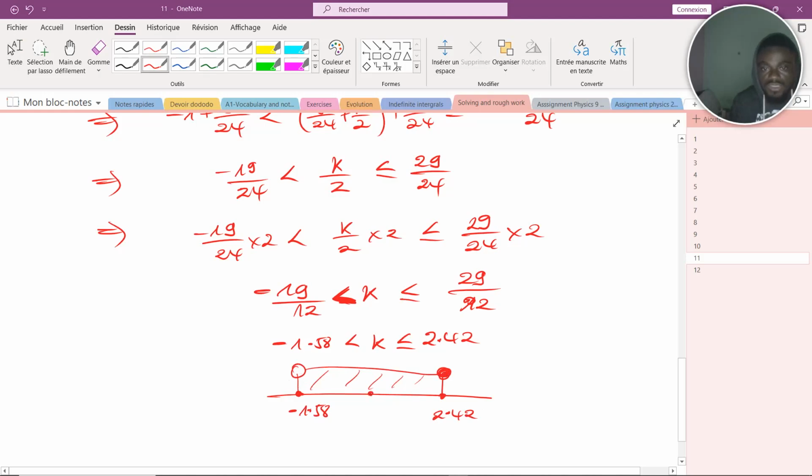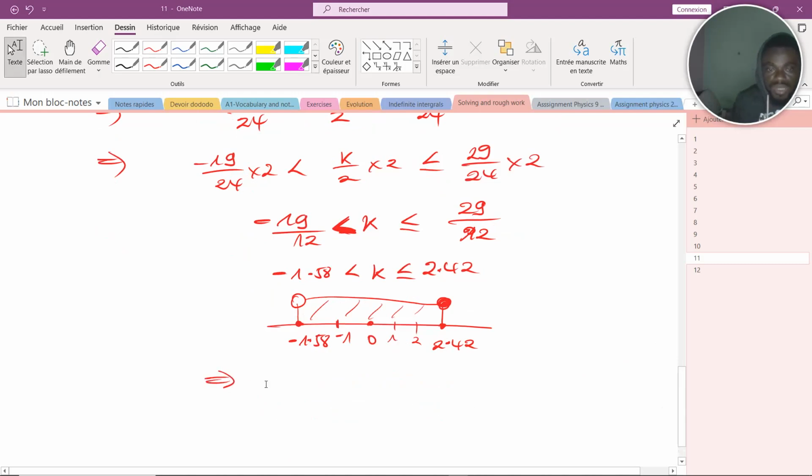If this is 0, the integers present here are 1 and 2. On this other side, this is already 1.58, so the only integer present here is minus 1, because after this it is minus 2. So this implies, you can still draw it in your exam sheet for the examiner to see this. You understand? So this implies your k will be equals to what?